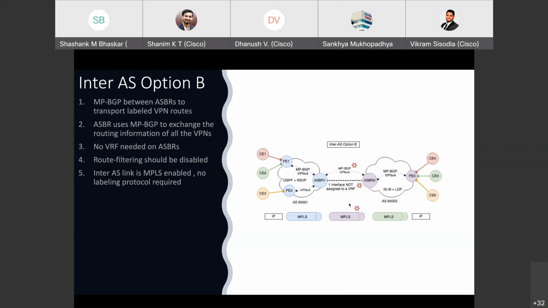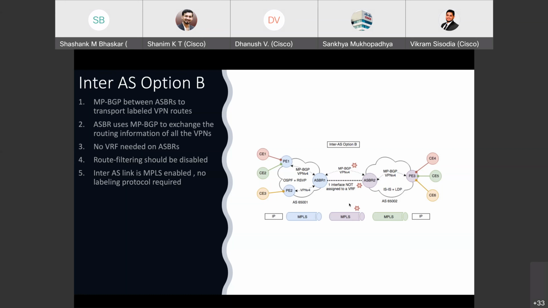You don't even need a VRF to be instantiated in any of the ASBRs. The ASBRs exchange the information over the directly connected link and send it to the iBGP neighbors within their own autonomous system, and the ASBRs always act as the next hop.